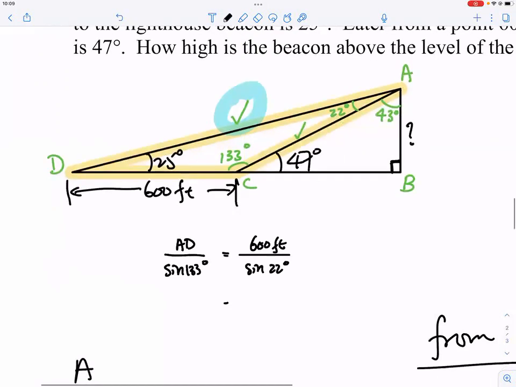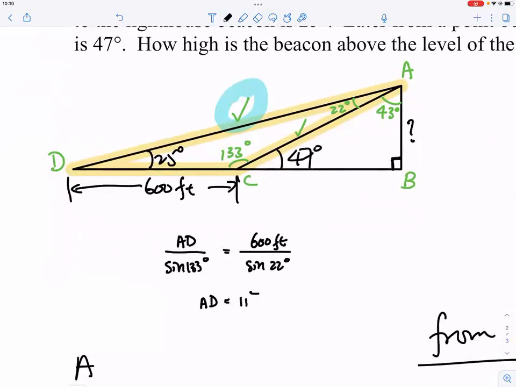So you can go ahead and find AD. Take a moment and find AD. Your AD should be 1171.4 feet.